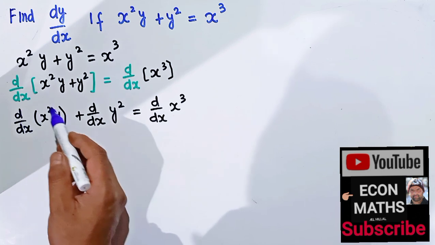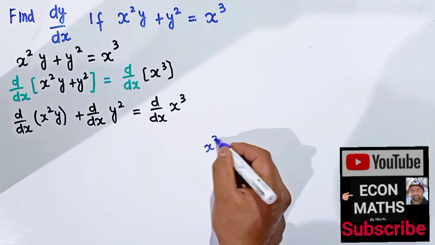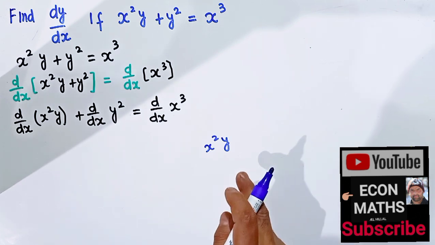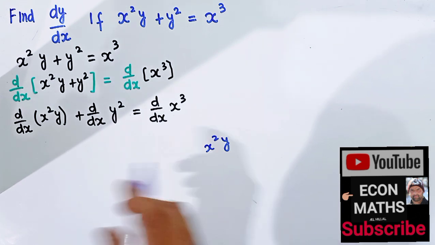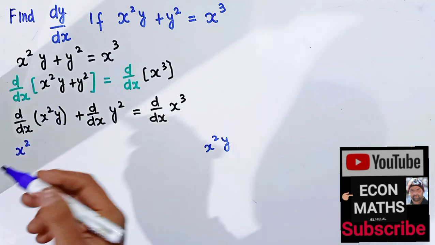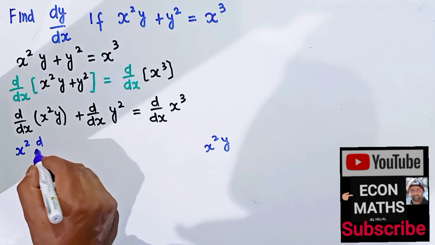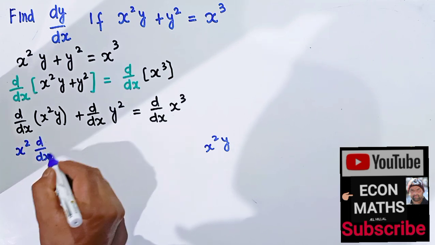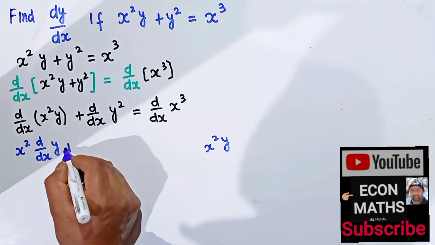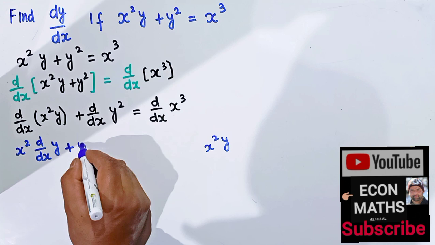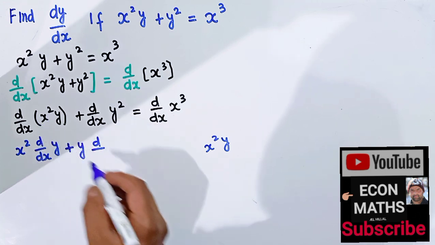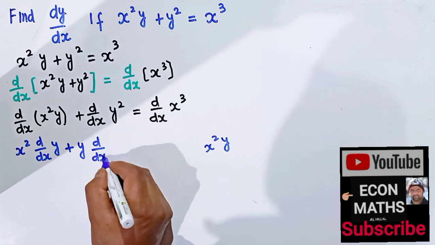If we want to take the derivative of this x square y with respect to x, we apply the product rule. That means first we write x square as it is, and take the derivative of the second function, that is y, plus we write the second function, that is y, and take the derivative of the first function, that is x square.